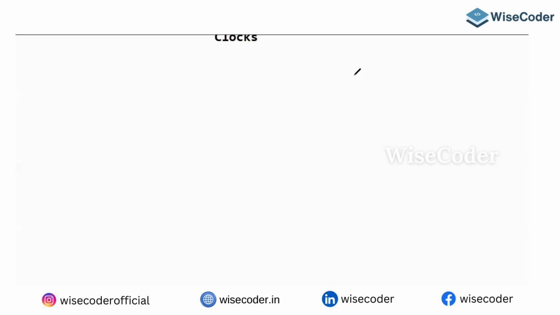Guys, if you closely observe, the hour hand covers 360 degrees in 12 hours. Therefore, half a degree in 1 minute. Yes or no?